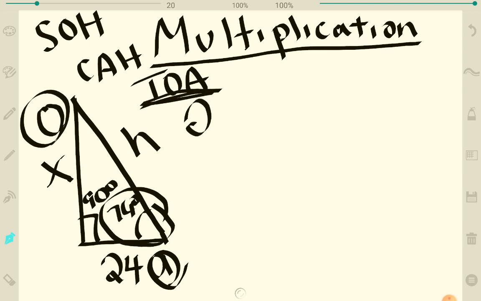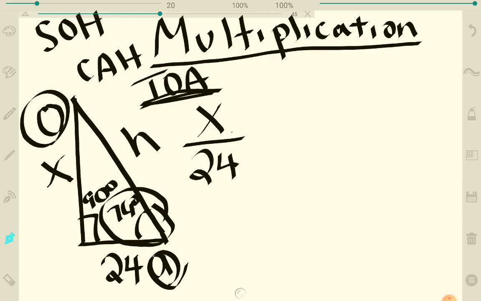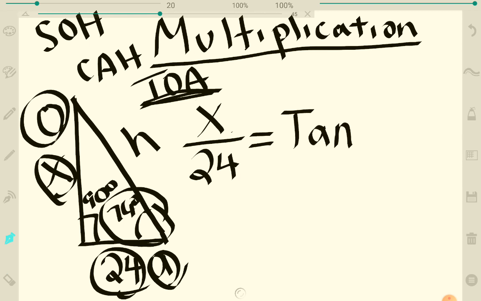Now, you cannot do 24 over x because the O comes before the A. So therefore, you have to do x over 24. And when you do x over 24, because of these two right here, you have to put tan, because that's the trig function you're using, and the measure of this angle right here, which would be 74.